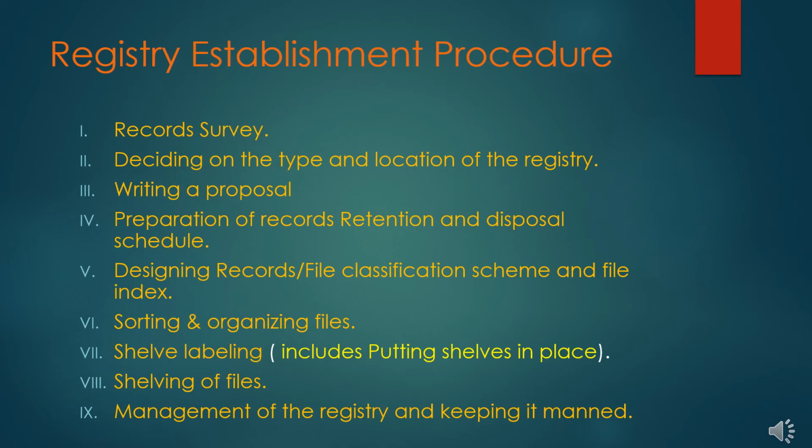Right, once you have filed them and shelved them, the only thing that is remaining is to manage that registry, and you keep it manned through creation and formulation of proper records management policies, so that the information in the registry can be well stored, well secured and controlled for better performance.